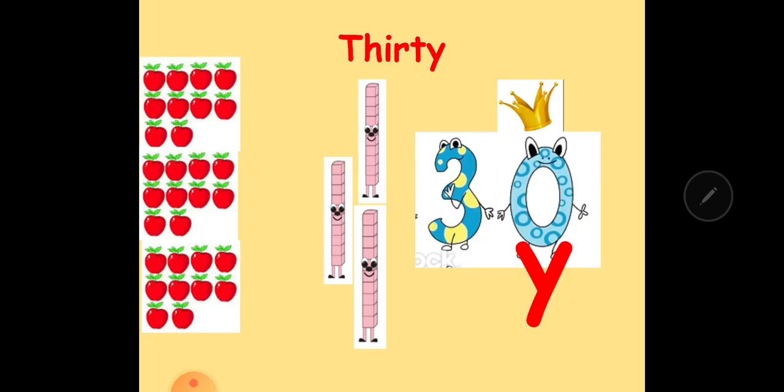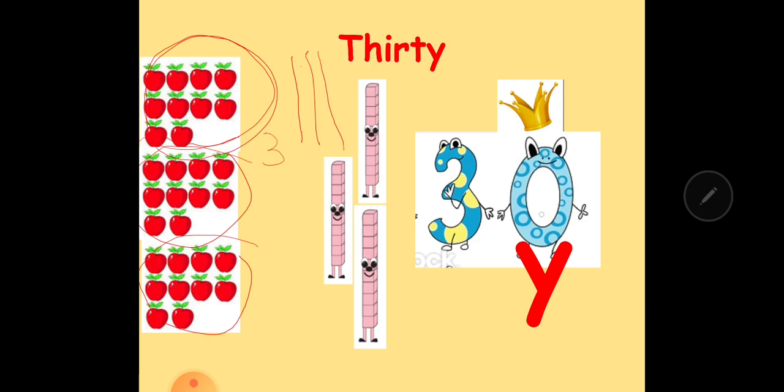In this case, I have 3 groups of tens. It's like the apples here. You have 1 ten, 2 tens, 3 tens. 3 groups of tens. How will you draw them? 3 lines to represent 30. 10, 20, 30.